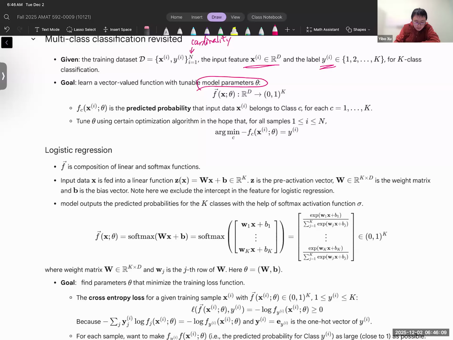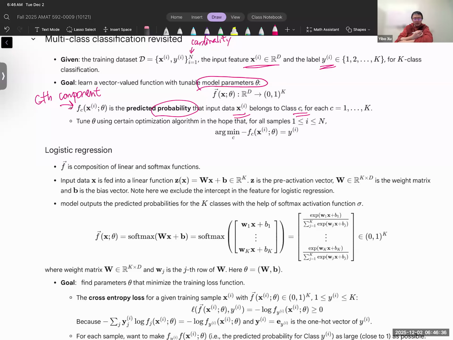Now the c-th component is going to be a component of the vector. So it will be a probability that your x_i data is in class c. If it's close to zero, then it's not likely to be in class c.